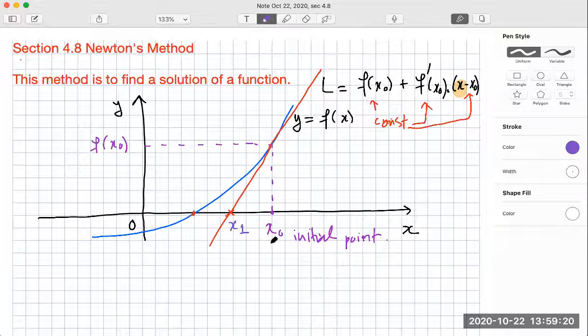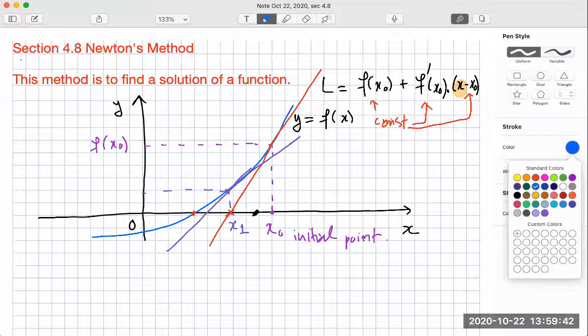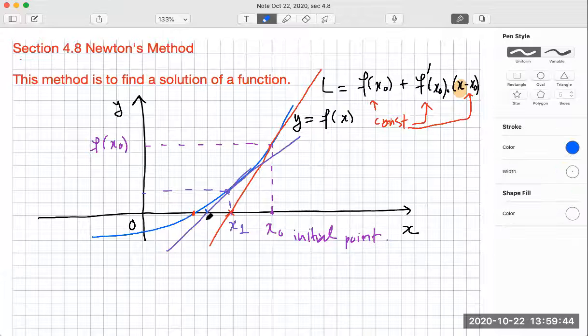Then this point, we call it x1. So knowing x1, we can do linear approximation. We can find the tangent line of this graph at this point, okay? It will be somehow like this. We repeat the process, and we see that we can find here the point x2, right?